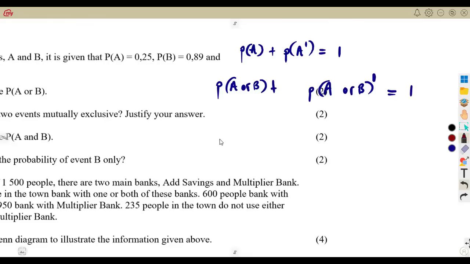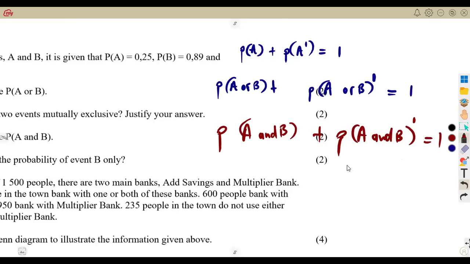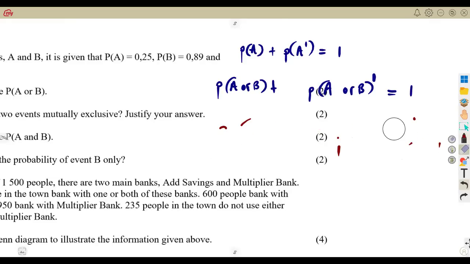Whether it is the intersection, the probability of A and B, the moment we add its complement, it is supposed to give us 1. So as we have this one of A or B, it can be calculated. If we want A, we can simply take the complement to the other side. The same thing, if you want A or B, we can simply take this one to the other side. So this is the complement concept. It happens on any combination.